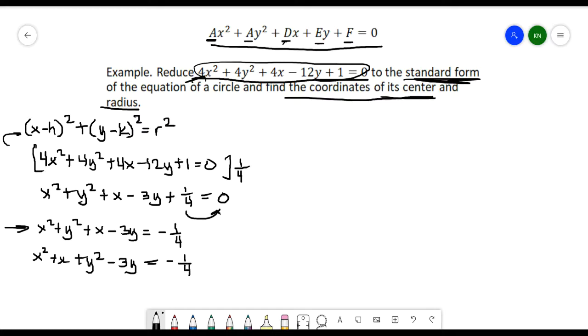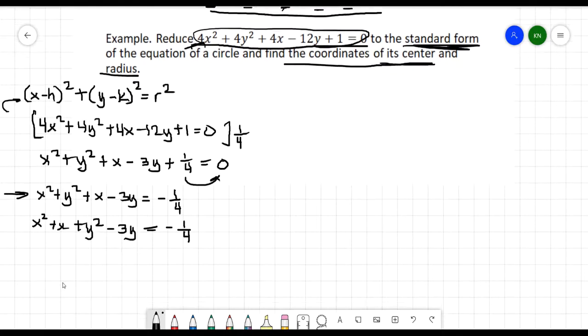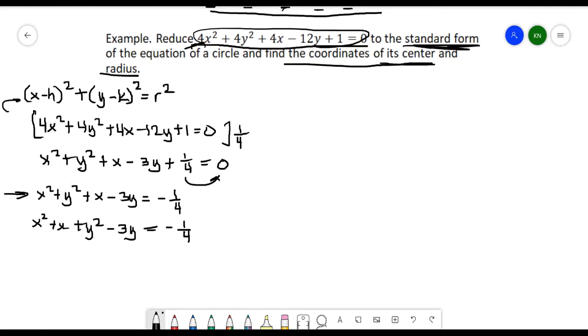As we know, by completing the square method, we need to find the b and then divide it by 2. In this case, this is our b, which is 1 divided by 2 and then squared. That gives us 1/4, right?